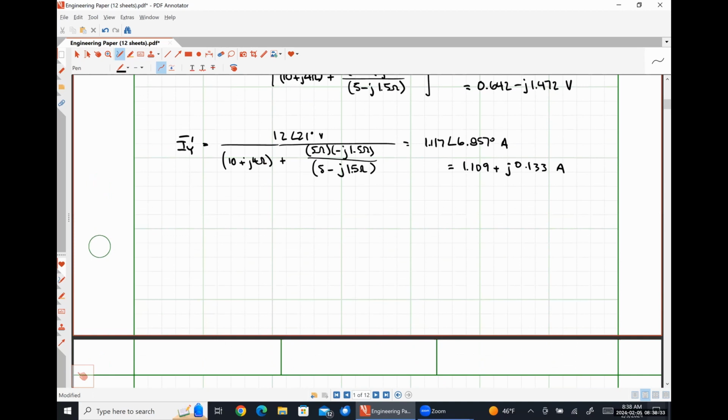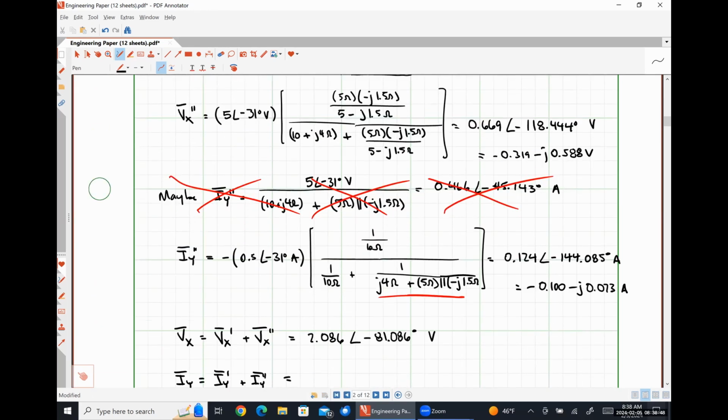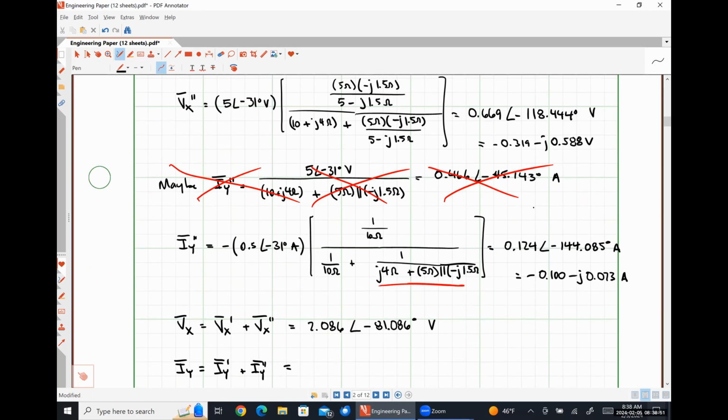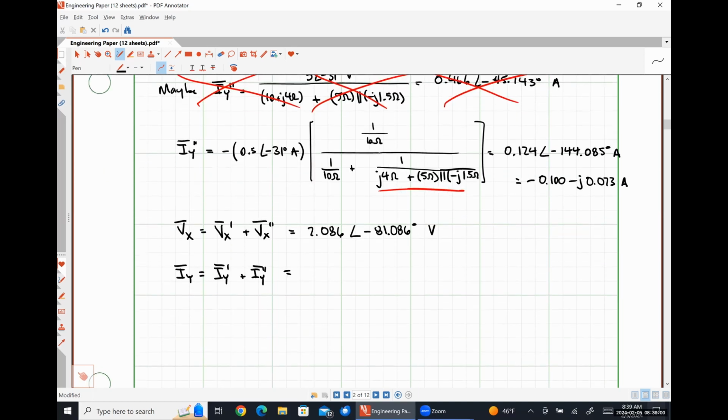So let me scroll up here. 1.117 with an angle of 6.857 plus 0.124 with an angle of negative 144.085, which I get to be 1.010 with an angle of 3.440 degrees amps. Are we done?